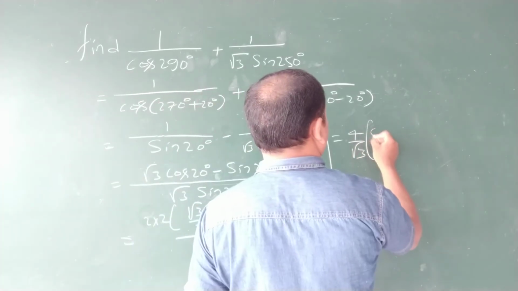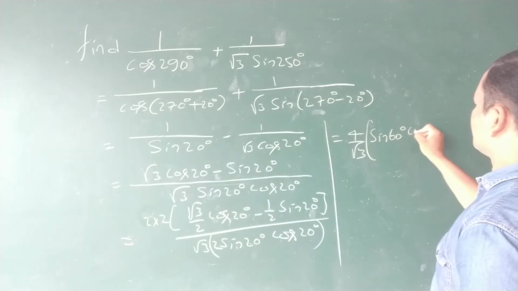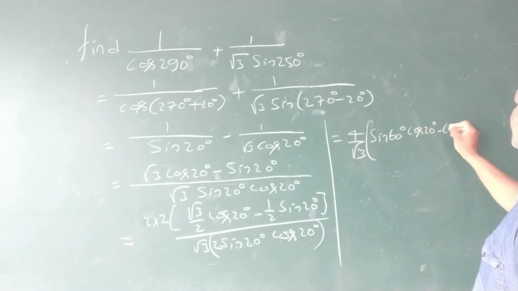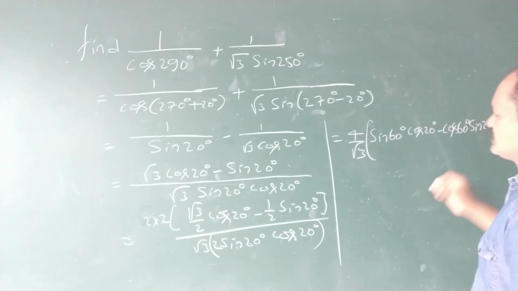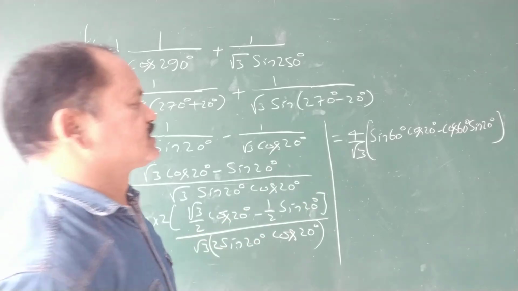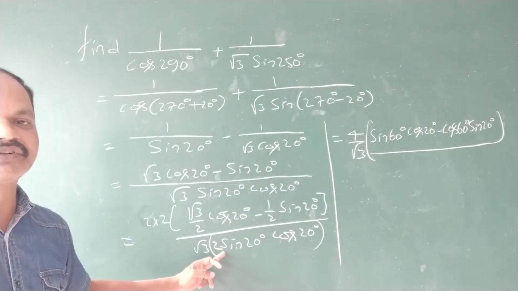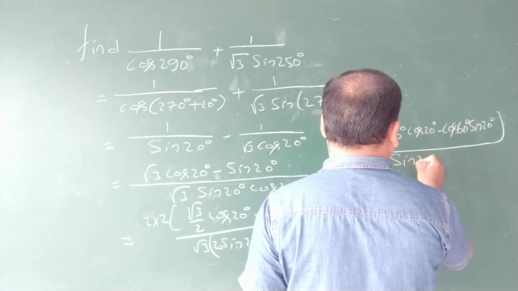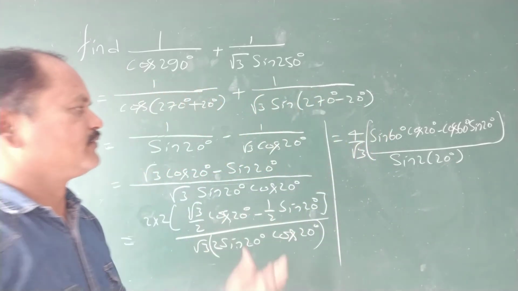Sin 60 degrees, sin 60 cos 20 minus cos 60 sin 20, by, in the denominator it is in the form of 2 sin theta cos theta, that is sin 2 theta, sin 2 times of 20 degrees, that is sin 40 degrees.